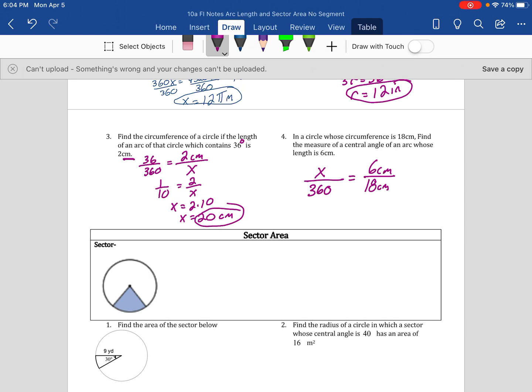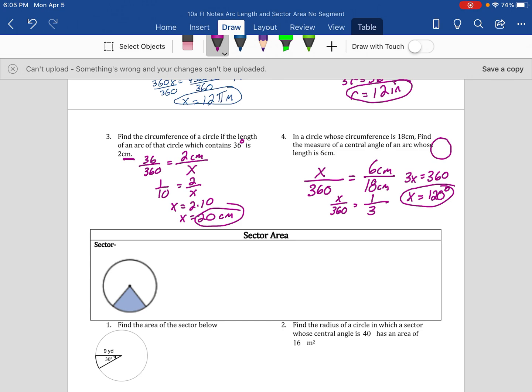Like I said before, you can simplify beforehand. x over 360 is equal to 1 over 3. I cross multiply, I end up with 3x is equal to 360. x is equal to 120. And so my angle would have to be 120 degrees.